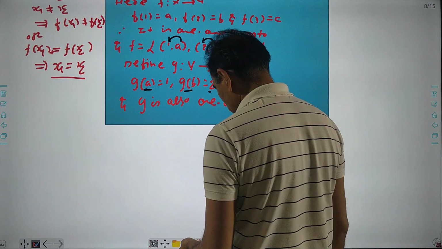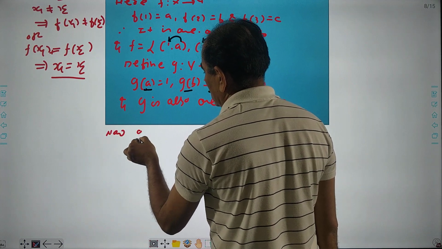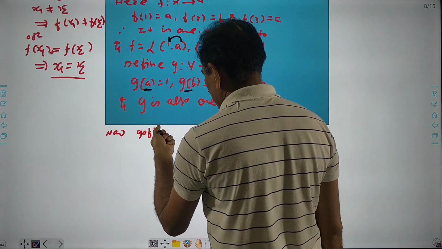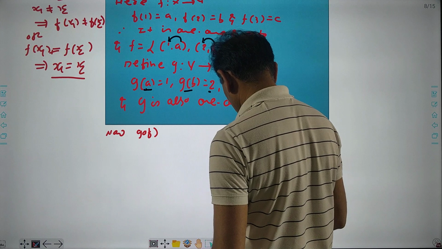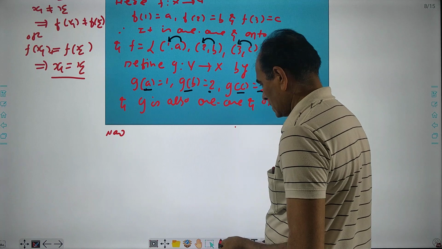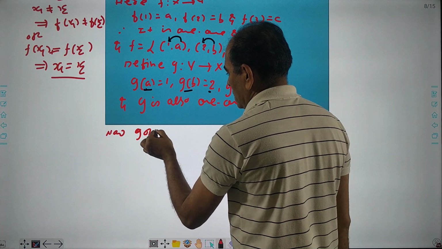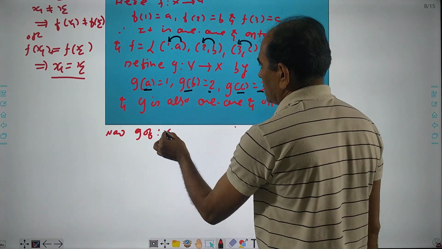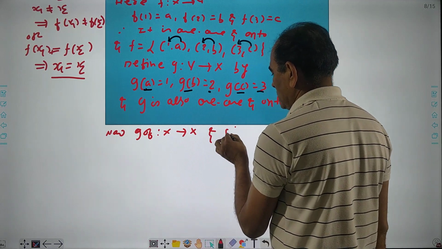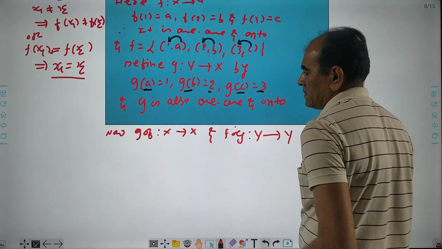Now see here. Now g of f, where is the function from where to where? It is from domain of f to codomain of g, and f of g is a function from domain of g to codomain of f, that is y to y.